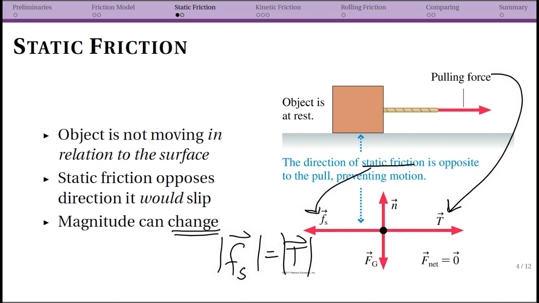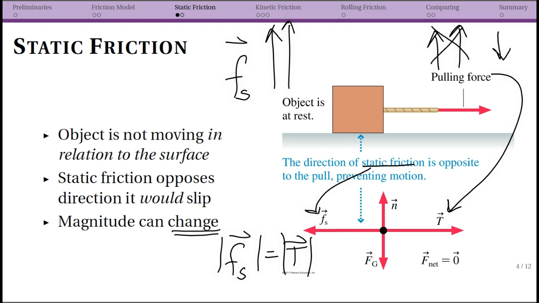Now, what if this pulling force increases, right? What if people start pulling harder? Well, that means that our frictional force must also increase unless the object starts sliding. Once it starts sliding, it's kinetic friction. But if suddenly this pulling force now decreases, so does static friction.